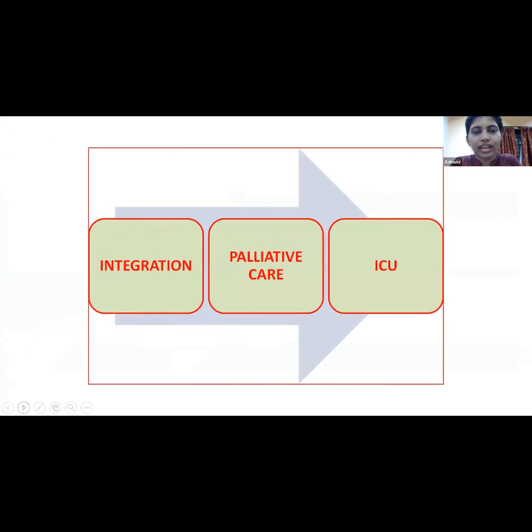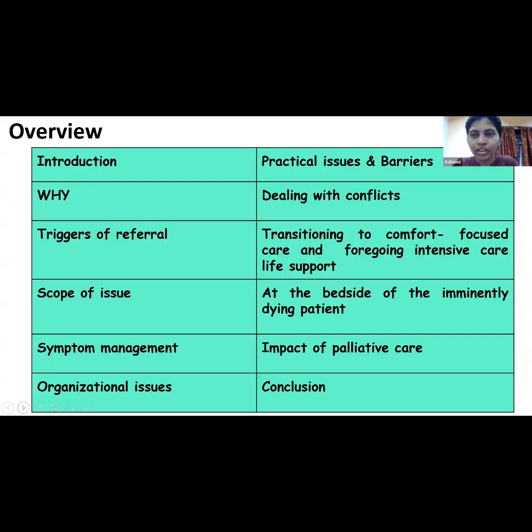Today's topic is integration of palliative care in ICU. As introduced, I am Dr. Ashwini, second year resident in Tata Memorial Hospital, Mumbai.